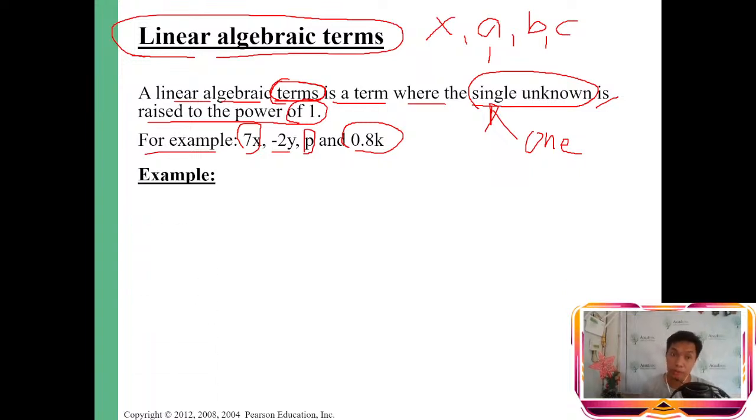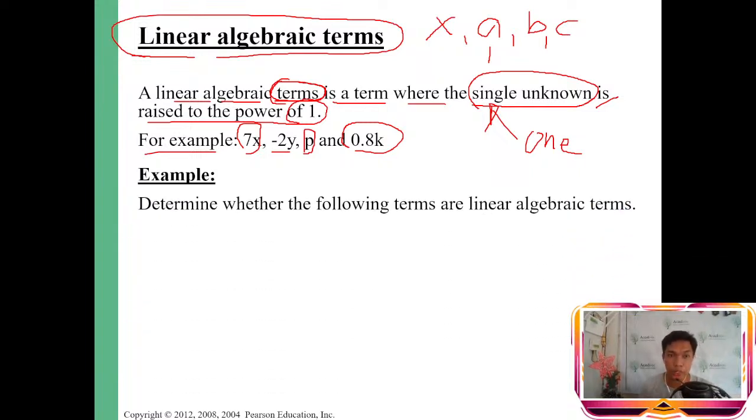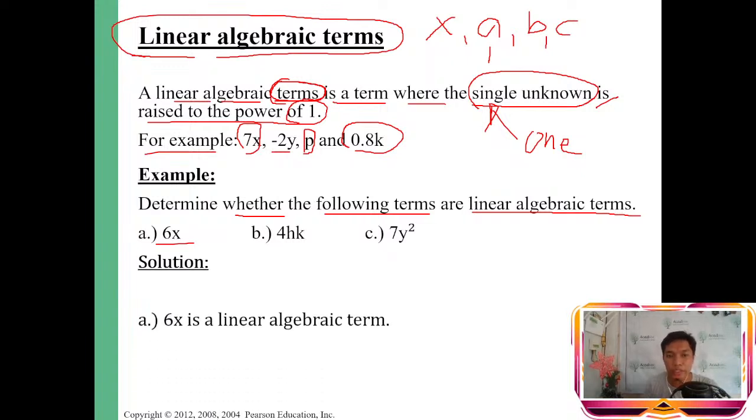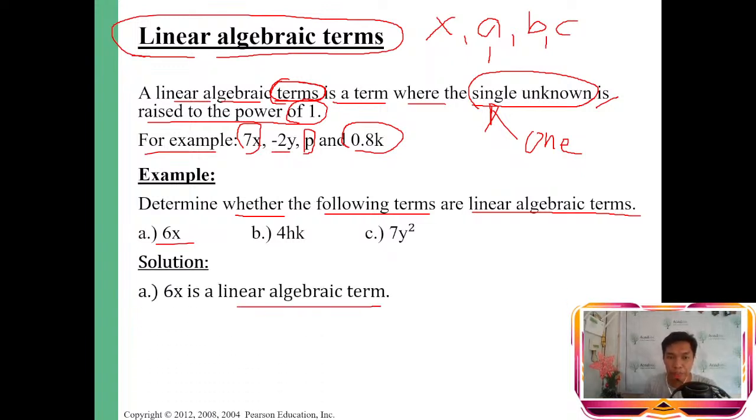For example, look at this one. Determine whether the following terms are linear algebraic terms. Take note, only one unknown. Now, let's have this one. 6x is a linear algebraic term because it has only one unknown raised to the power of 1.